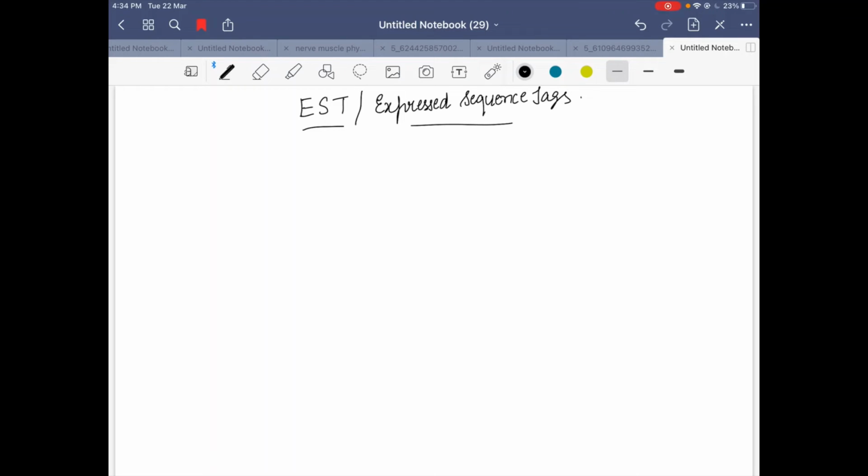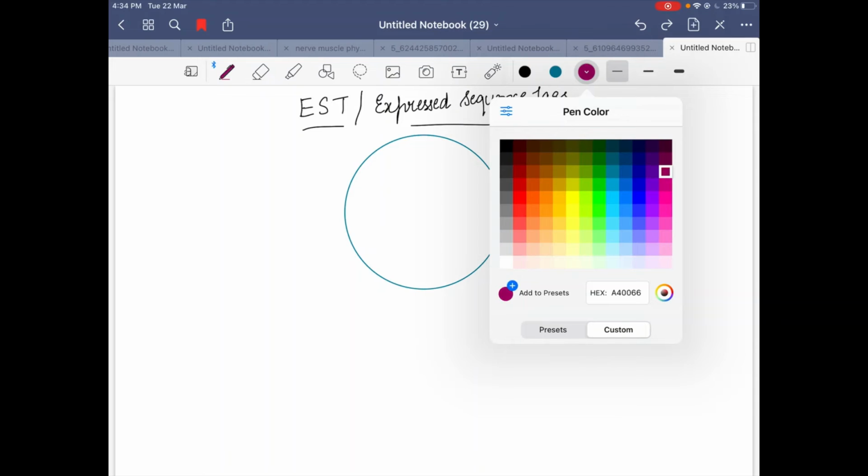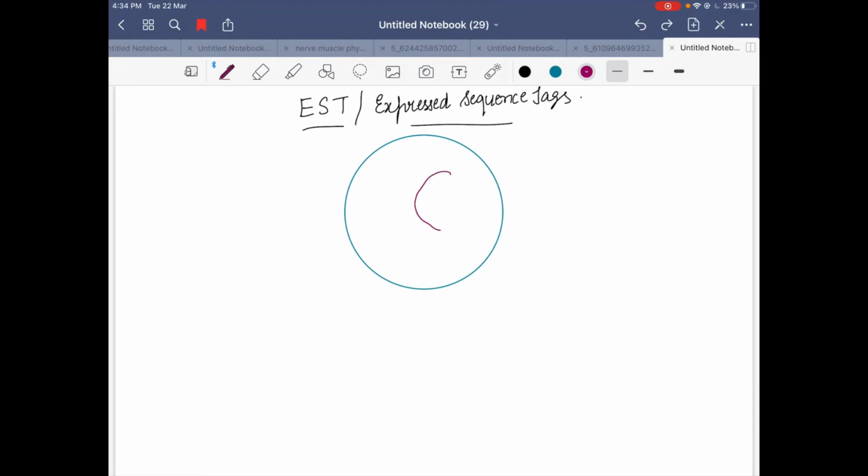Suppose this is a eukaryotic cell and this is the nucleus, and within this nucleus there is chromatin, and this all is cytoplasm.